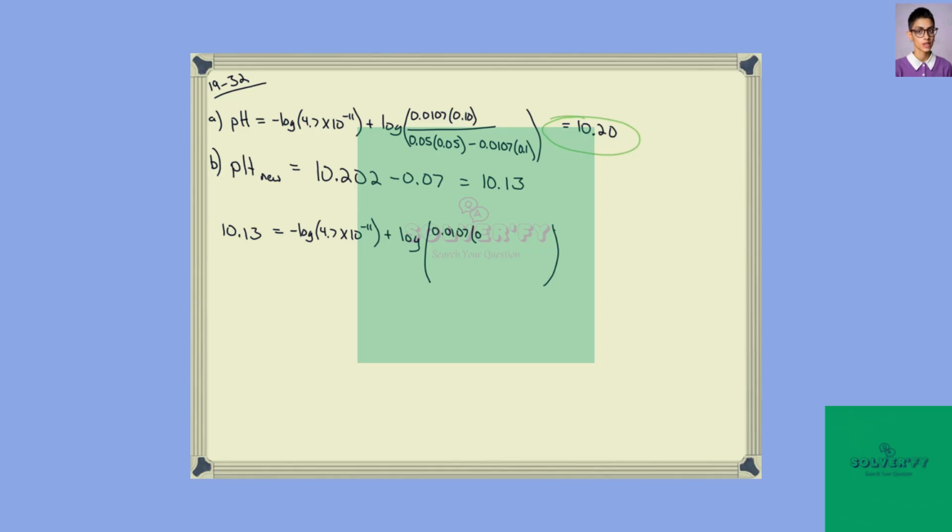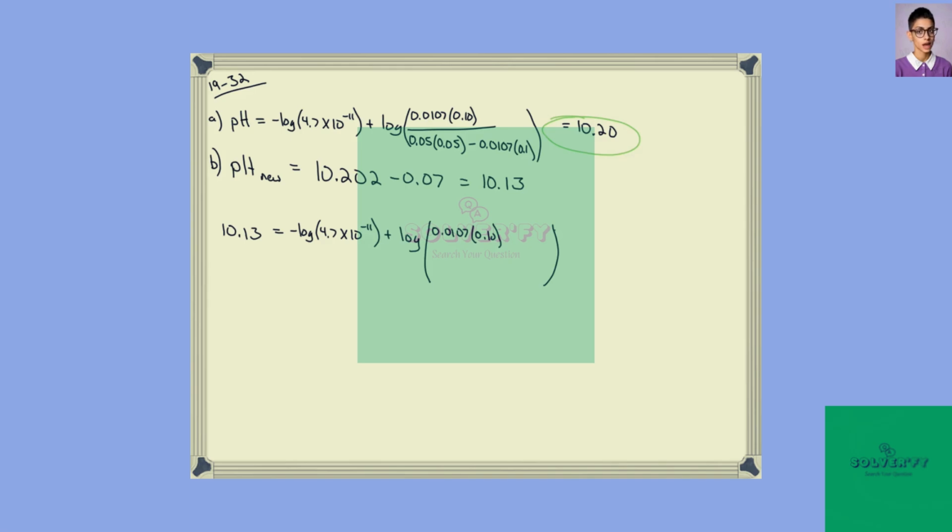Well, we are starting with 0.0107 times 0.1 moles of weak base before we add the HCl in the entire volume. But we're not trying to change the pH of the entire volume. We're trying to change the pH of just a fraction of that volume.